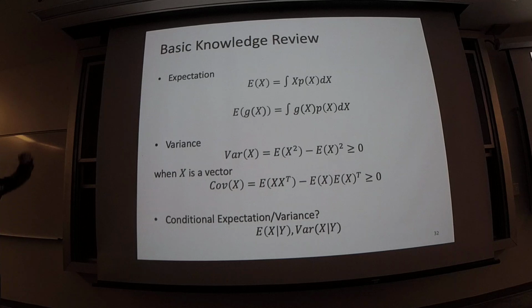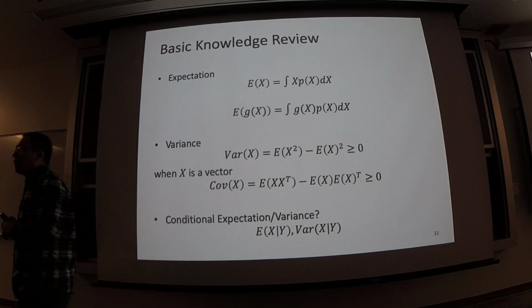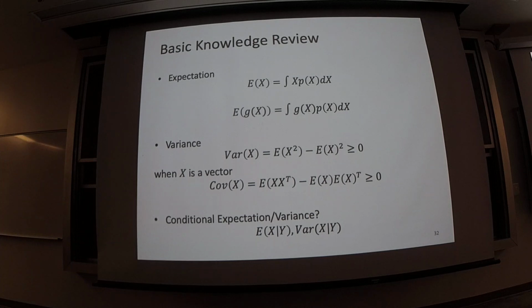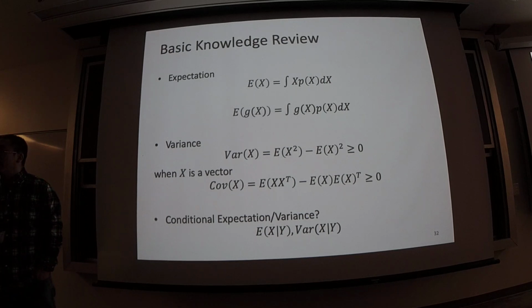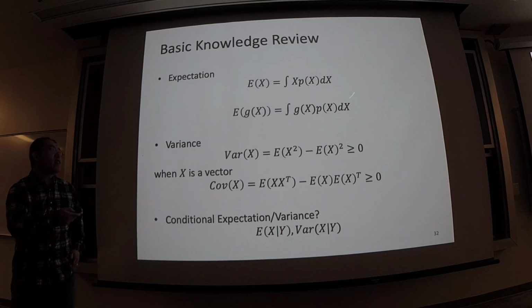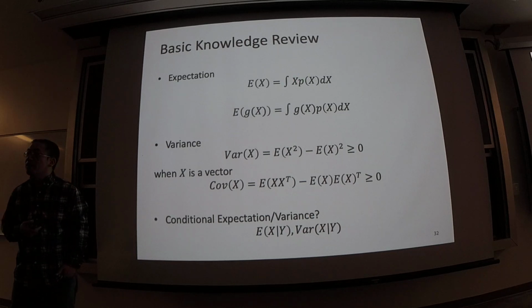Okay. So given random variables, we're interested in a few important statistics regarding these random variables. Right? For example, the most important statistic regarding a random variable is expectation. So what is expectation? It is essentially the average of the values of the random variable weighted by its probability densities.